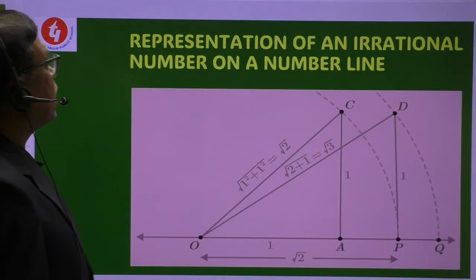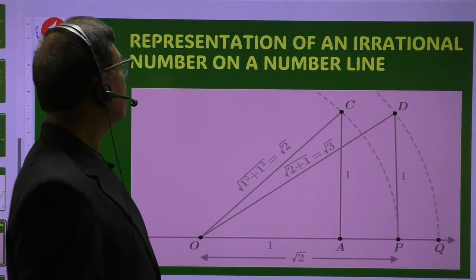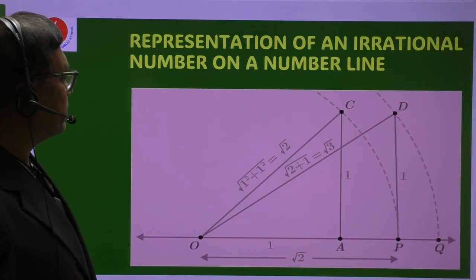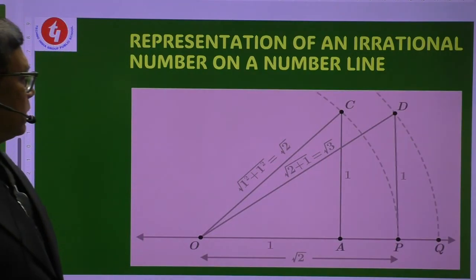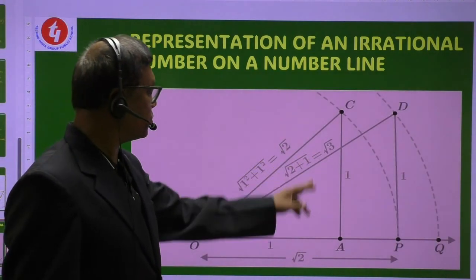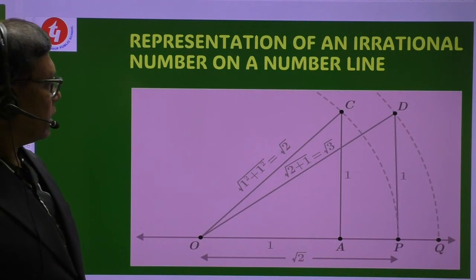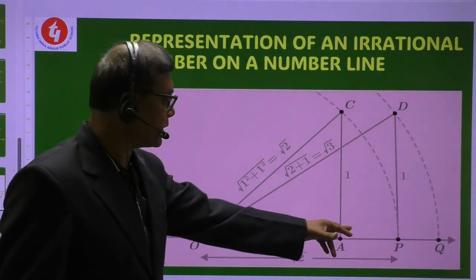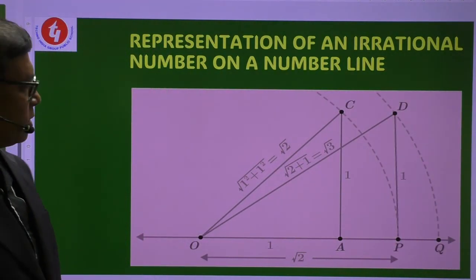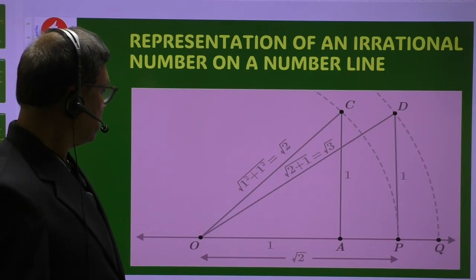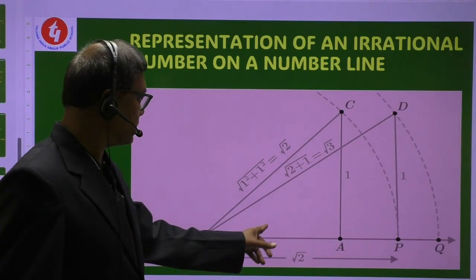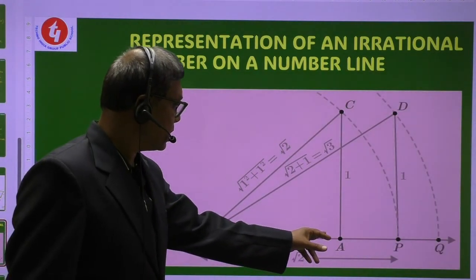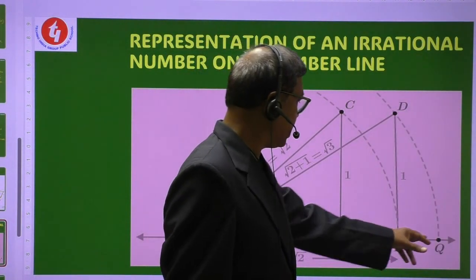Now, representation of an irrational number on a number line. See this picture? Here, root 2, root 3, these two irrational numbers are represented on a number line. How? So on this real number line, this is 0 and this is 1 and this is A point and this is P point and here Q point.